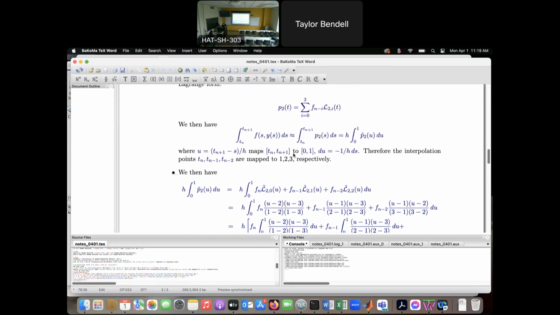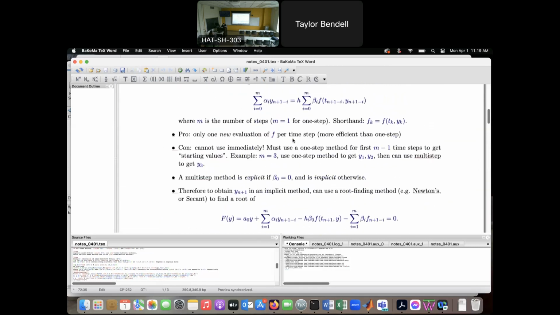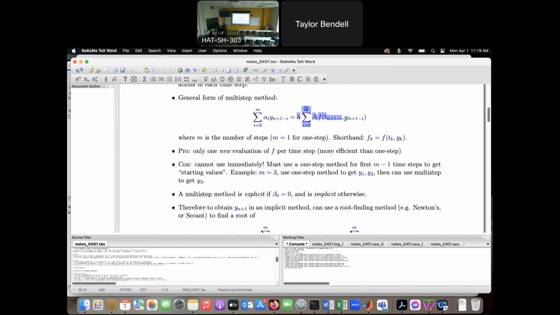Keep in mind that this right here is supposed to correspond to this summation, h times the sum of my betas times my f values. If I work out what the integral is, I'm going to see these f values. I already have them, and I already have this factor of h.